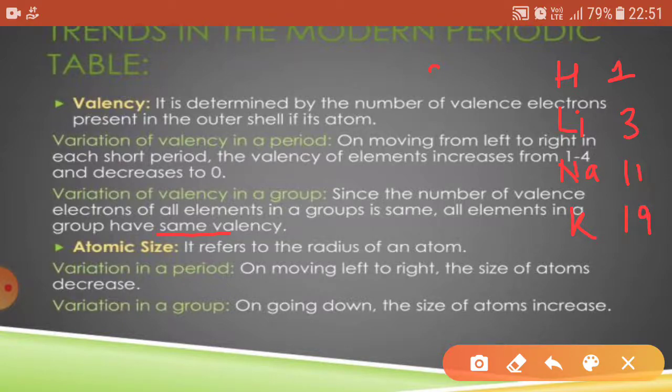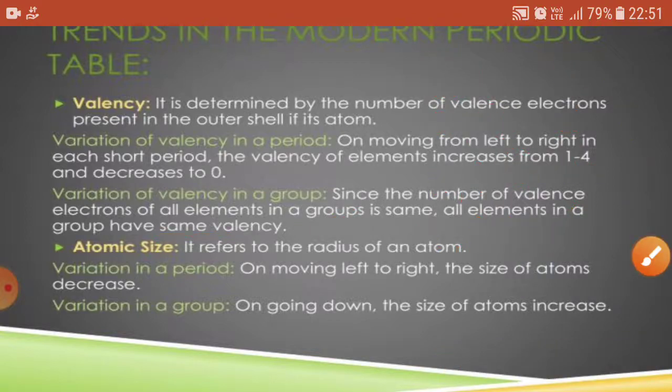So what is the electronic configuration? It is 1, 2 1, and 2 8 1, and 2 8 8 1. It means that there is one valence electron present in the outermost shell. It means the valency will be the same.